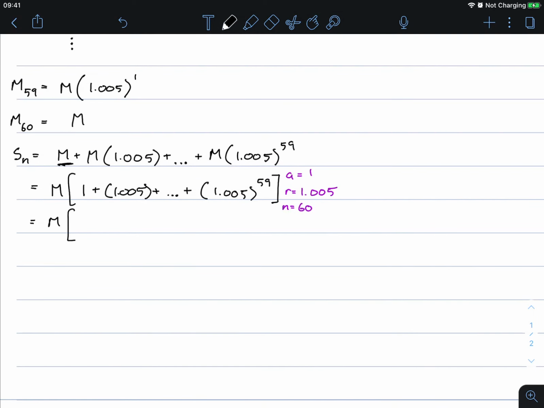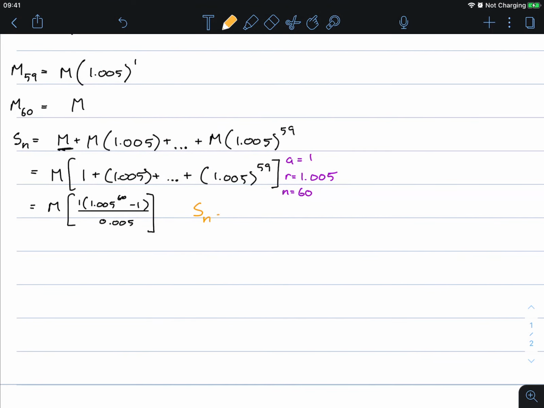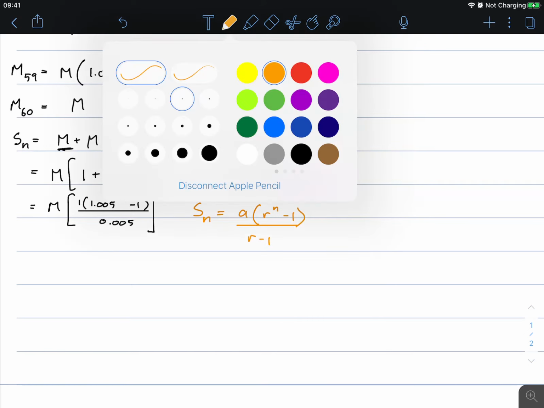Using the sum of a geometric sequence, we get 1 outside of 1.005 to the power of 60 minus 1 all over 0.005. In case you've forgotten, I'll write the sum here.